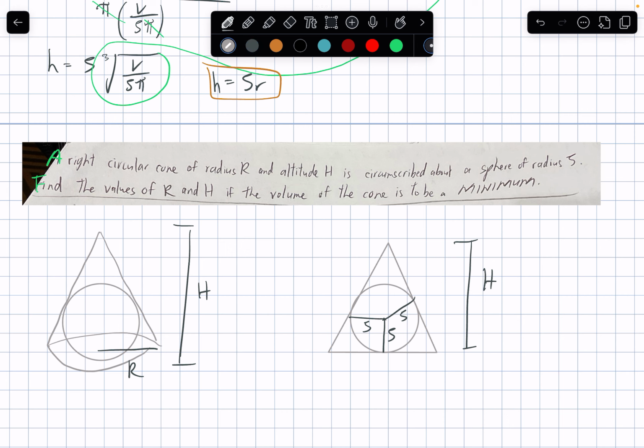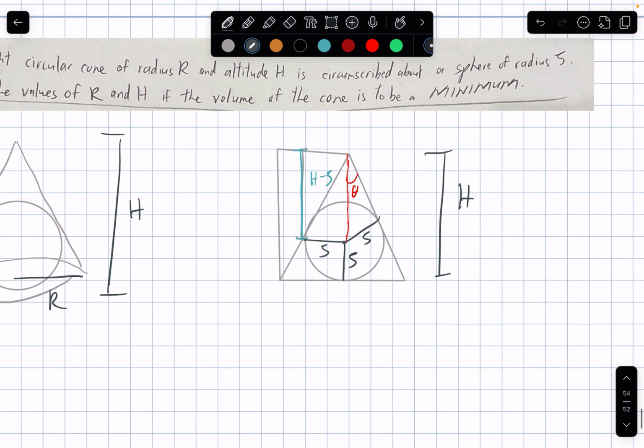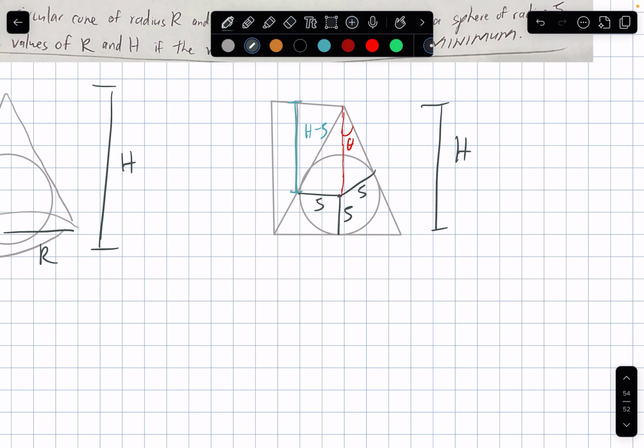So why did I mention that out of the blue? Let's imagine there's a triangle over here. So this distance is basically height minus 5. And we're going to make use of special triangles here.